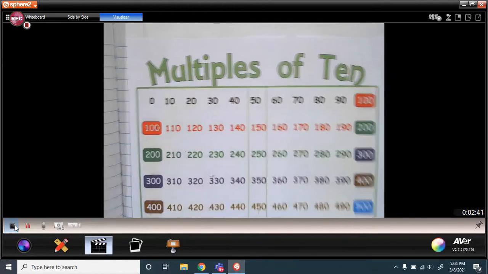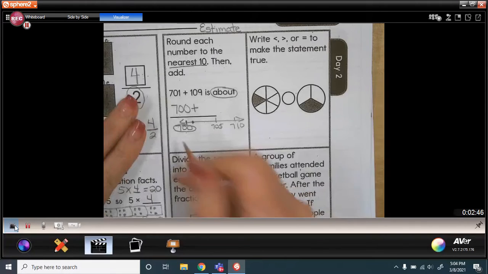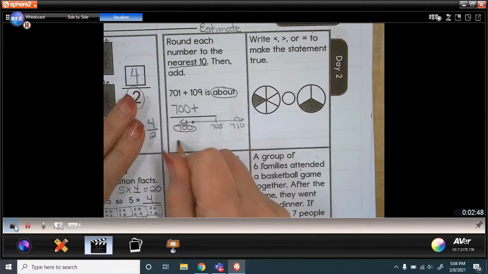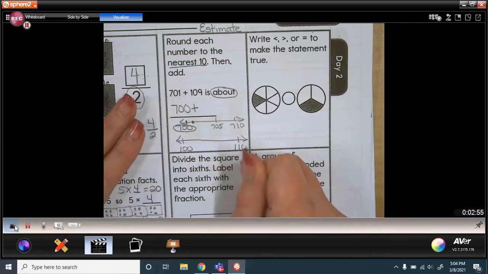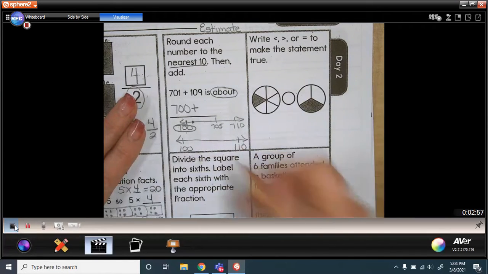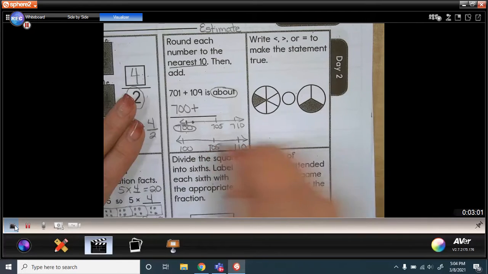So I'm going to go back to looking at a number line again. 109 is between 100 and 110 when we're looking at tens. Now, in the middle is 105, right?